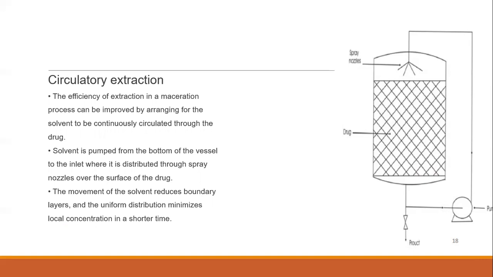If you are able to circulate the solvent, then your process will become more efficient. Solvent is pumped from the bottom of the vessel to the inlet where it is distributed through the spray nozzle over the surface of the drug. The movement of the solvent reduces boundary layers and the uniform distribution minimizes the local concentration in a short time.